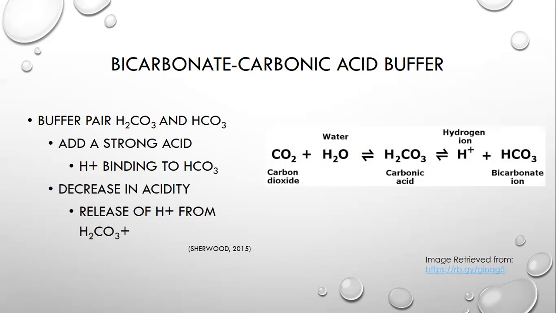Without this buffer pair in the solution, the strong acid would cause hydrogen ions to remain free in the solution. On the flip side, if the solution has a loss of hydrogen ions, the solution will become more alkaline, and the buffering pair will release hydrogen ions from H2CO3.